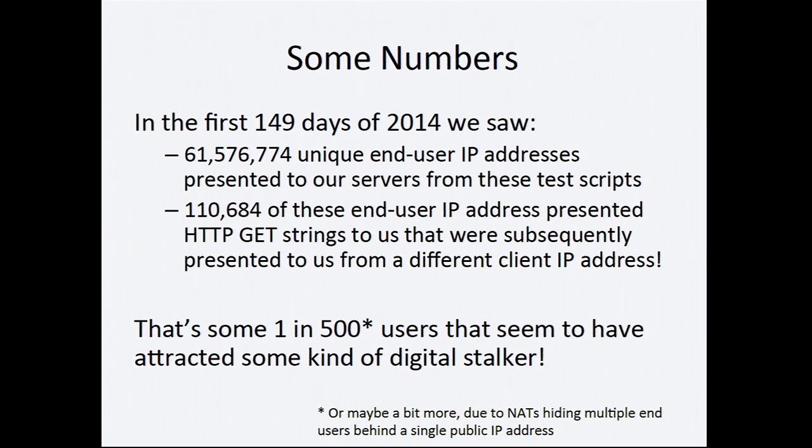It's actually a bit higher than that, because there's a fair deal of incidence of gnats. In fact, seems to me from much the same mechanism, around 3 to 4% of the world's users are now sitting behind carrier-grade NATs that use IP address pools with really aggressive timeouts, less than 10 seconds. So there's a lot of NATting around, which makes that 1 in 500 figure a bit low, I think. It's probably a bit higher than that. How much higher? A bit hard to say. But 110,000 folk are being stalked.